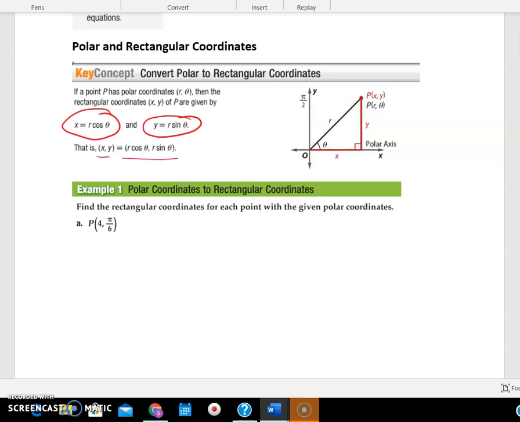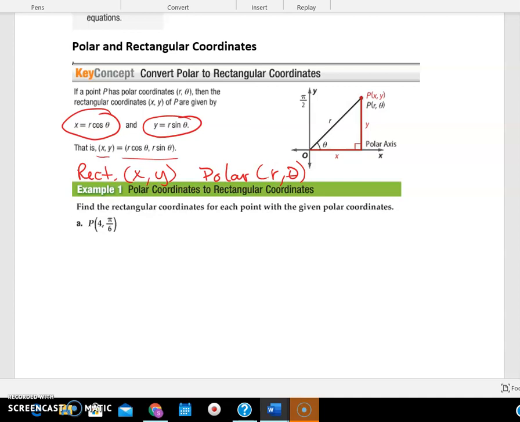Basically this is our equivalent to our rectangular coordinates. Now for the rectangular, we have x and y. We'll have a point (x, y). And for polar, we have (r, theta), so keep that in mind.